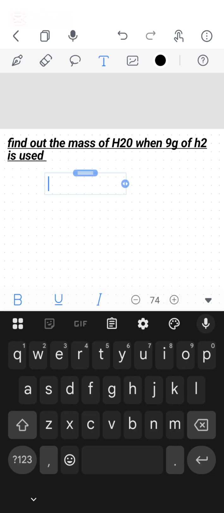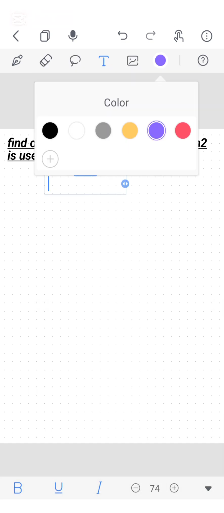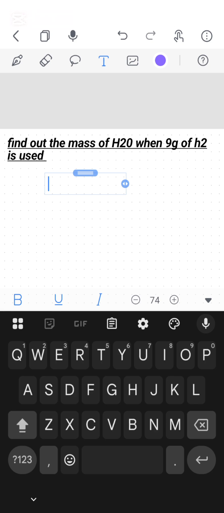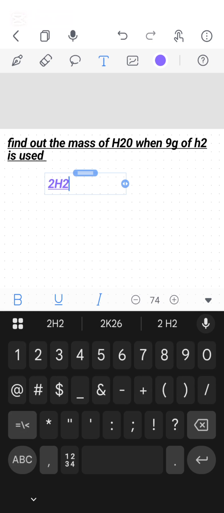Now what is the chemical equation of that? I can change the color so you may clearly understand. The chemical equation of water is 2H2 plus O2 gives 2H2O.